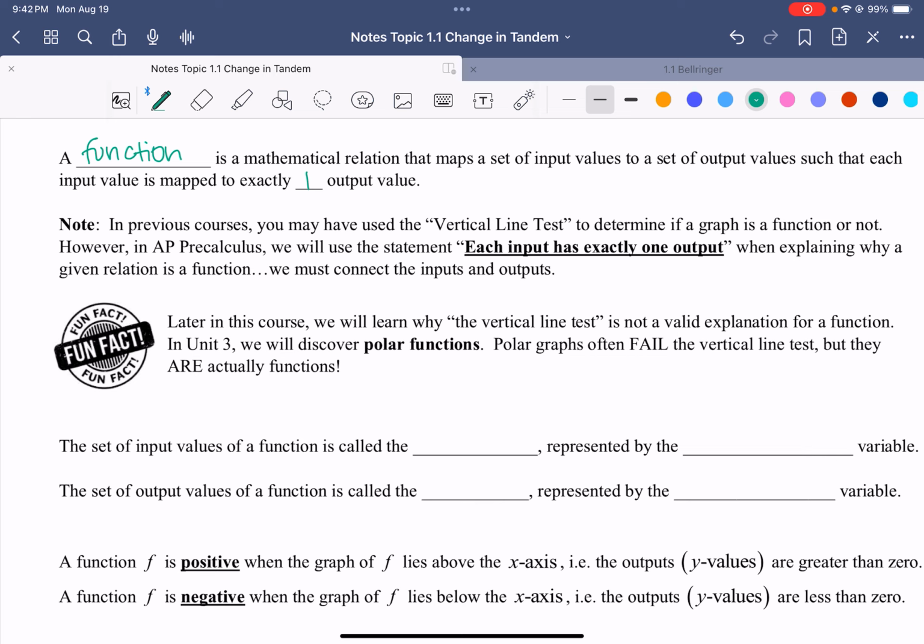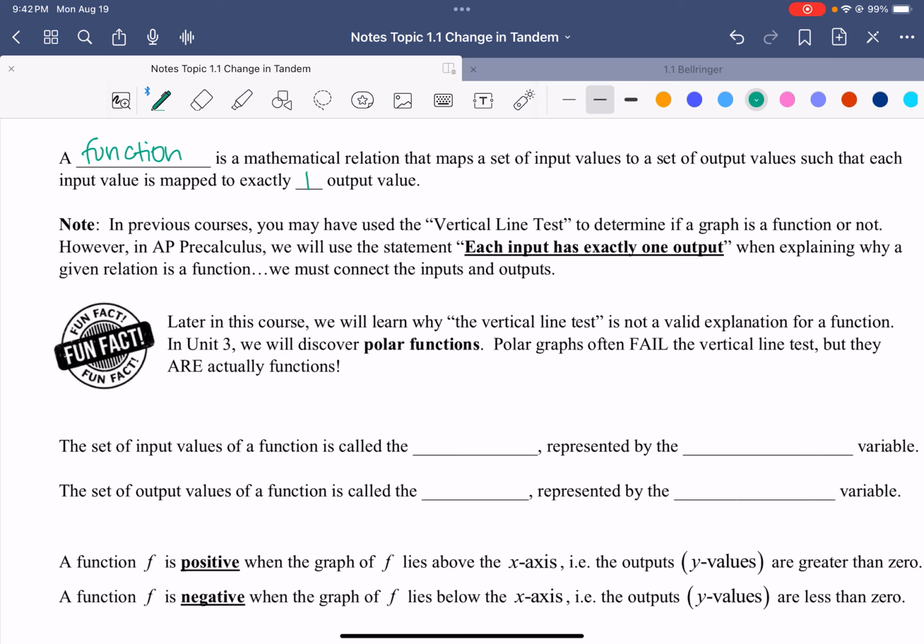However, in AP Precalculus, we will use the statement each input has exactly one output when explaining why a given relation is a function. We must connect the inputs and outputs. Later in this course, we will learn why the vertical line test is not a valid explanation for a function.